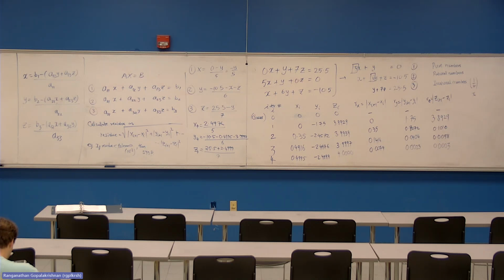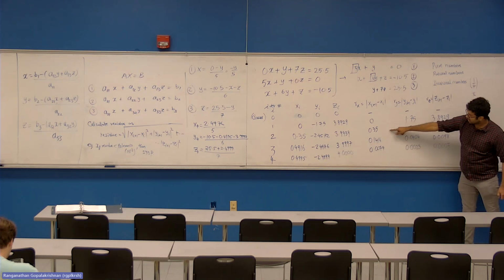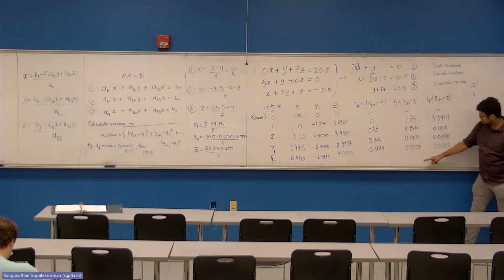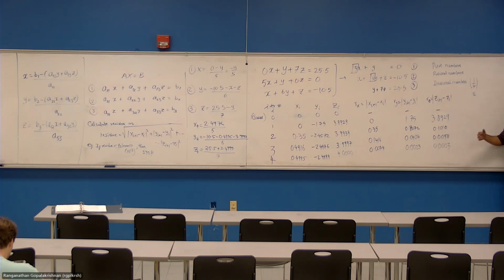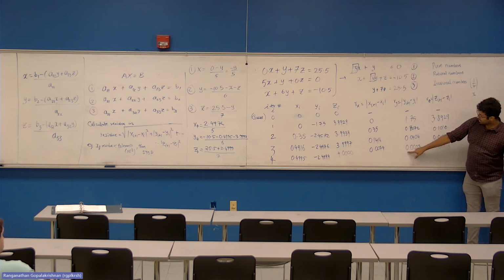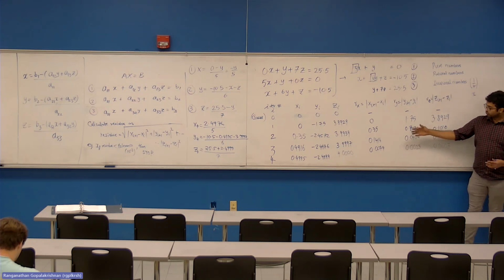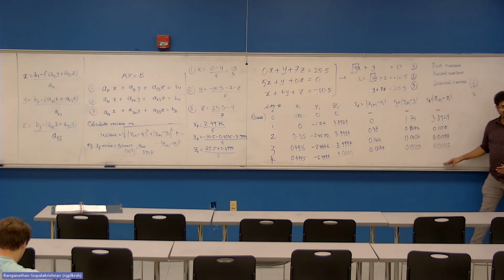Okay, so you look at this column, the 3 residues, you see how it was initially high and then it's becoming very small. If you keep doing more iterations, you can see that after a while it's not necessary because the residues have nearly become 0 and there is no use in doing more iterations. RZ has already almost converged and RY and RX are still on the way. So maybe if you do 1 or 2 more iterations, all of them will become small.